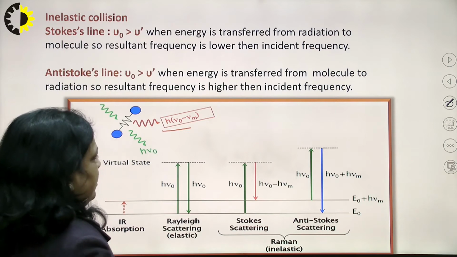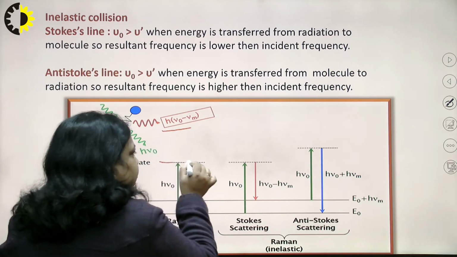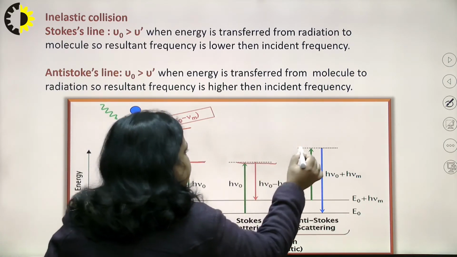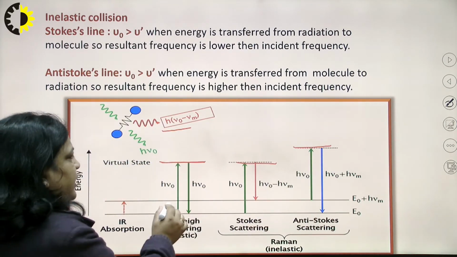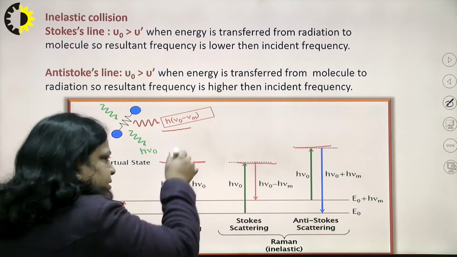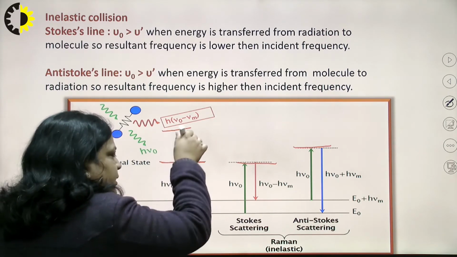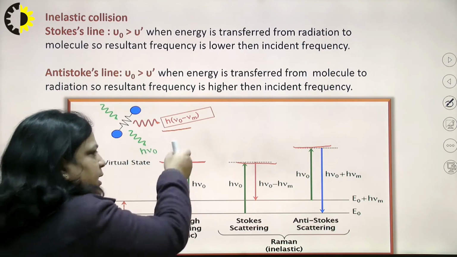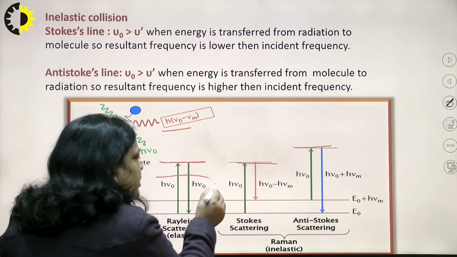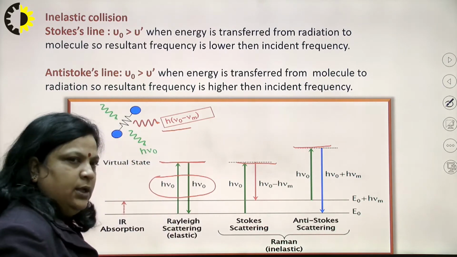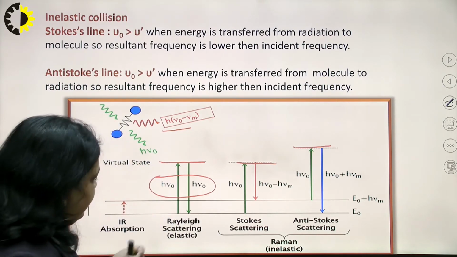But in Raman spectrum, we consider a virtual energy state like this. In this, if the incident photon energy is equal to the scattered energy, that is h mu is equal to h mu dash or h mu naught, then this is called Rayleigh scattering.